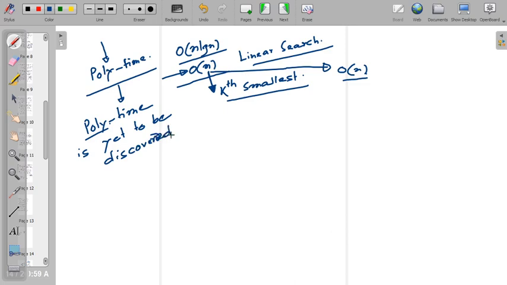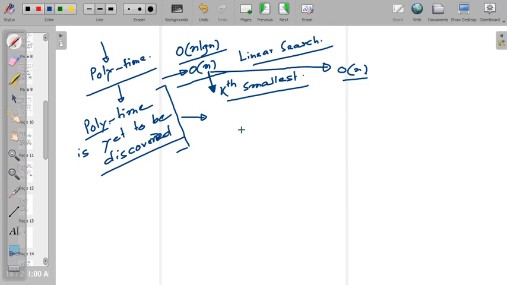You see that I haven't used the phrase that a polytime algorithm does not exist for those problems. The polytime algorithm is yet to be discovered. We have been trying for over 70 years, with brilliant minds, but they have not been able to find any such algorithm.